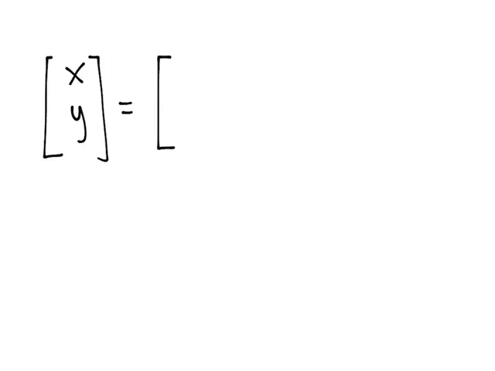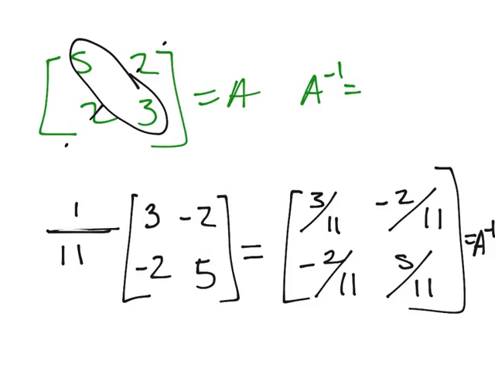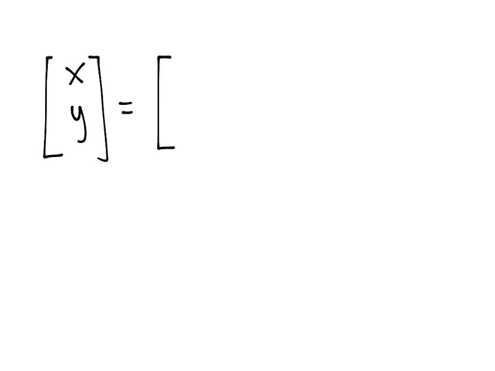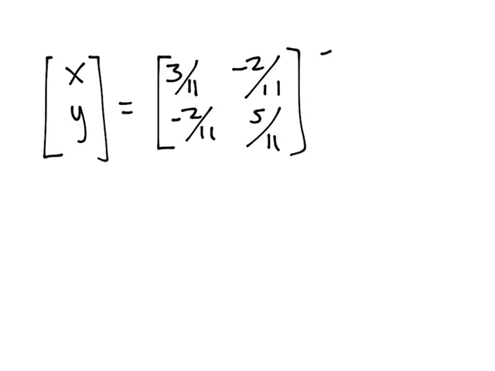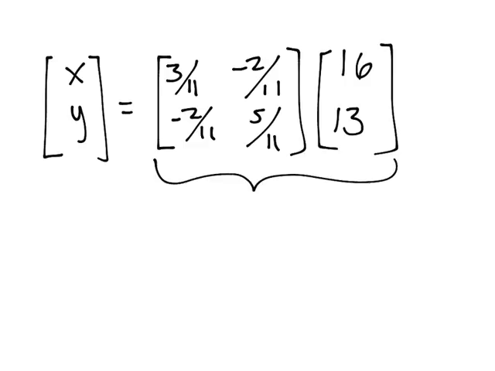So now we have that x, y is equal to, and remember that our inverse matrix goes at the front, and it's 3 over 11, negative 2 over 11, negative 2 over 11, and 5 over 11, and that times 16 and 13. And so now we must multiply these two matrices.